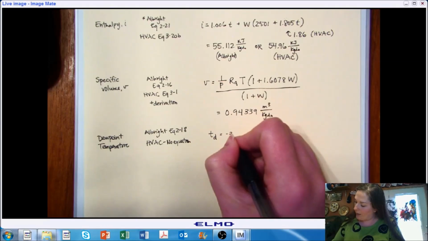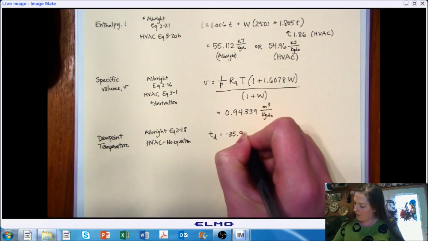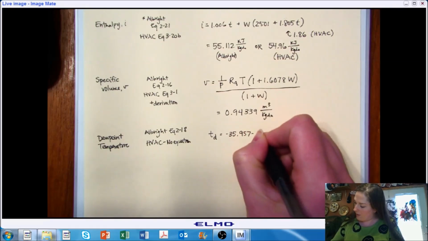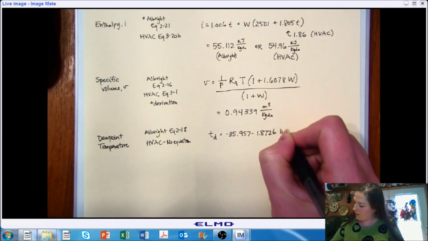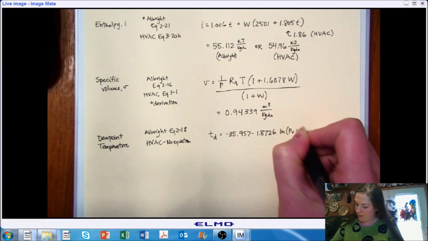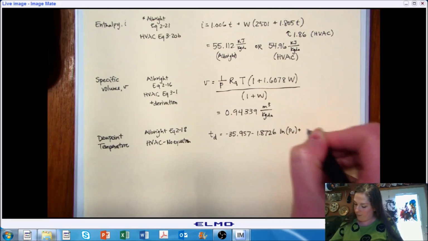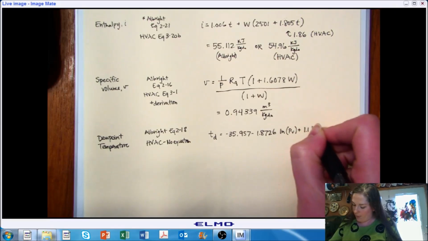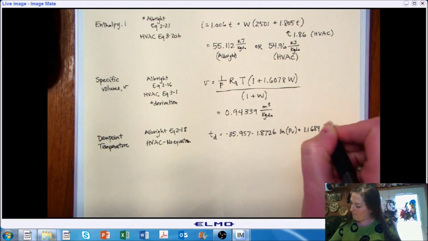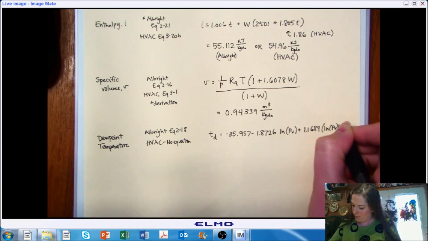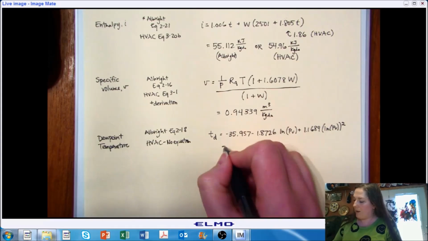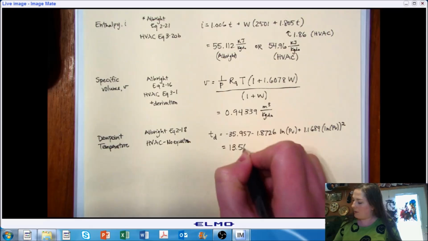This one's a long one. 35.9. Okay, and then if you plug that in, 6 degrees C.